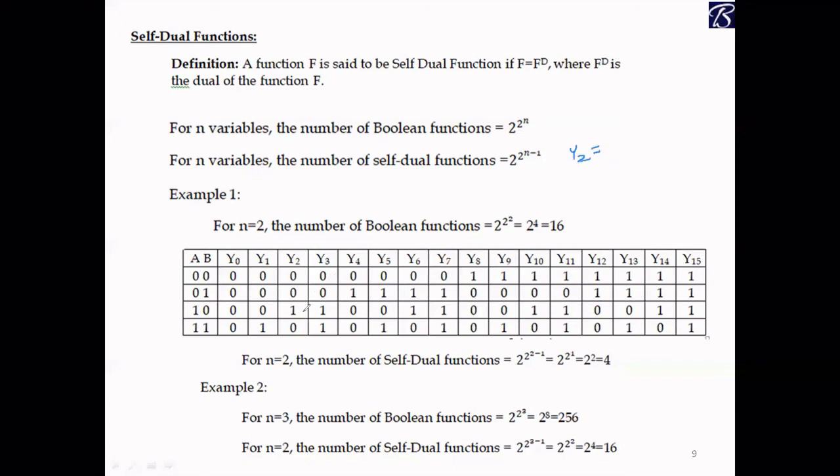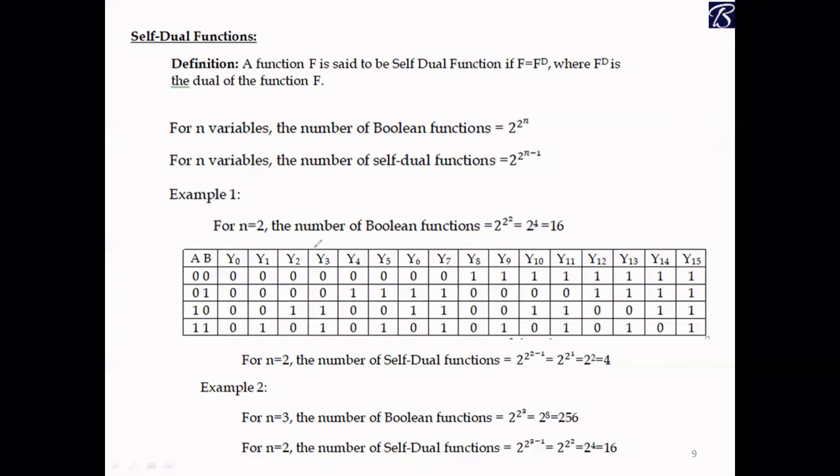What is the expression? There is a 1 here, that is A B bar, right? What is the dual of y2? The dot becomes plus, A plus B bar. So these two are not equal. So y2 is not a self-dual function.